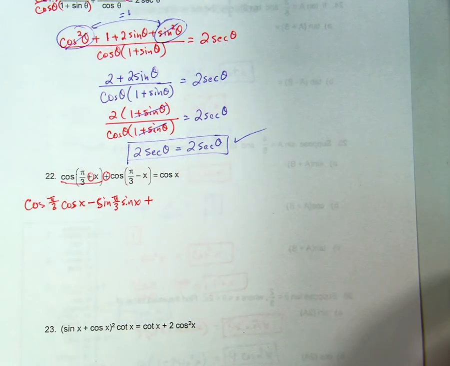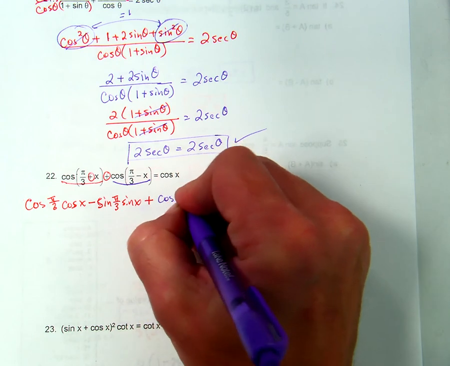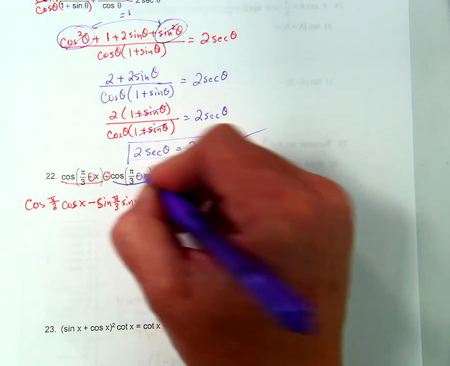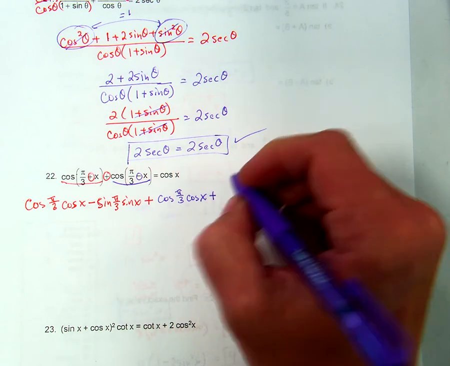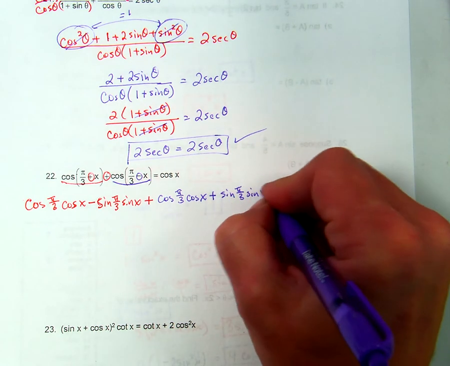We're going to add the next part. We'll do it in different colors so we can see that that's what we're doing. So we have cosine pi thirds cosine x. And again, this one changes the sign, so this is plus sine pi thirds sine x.